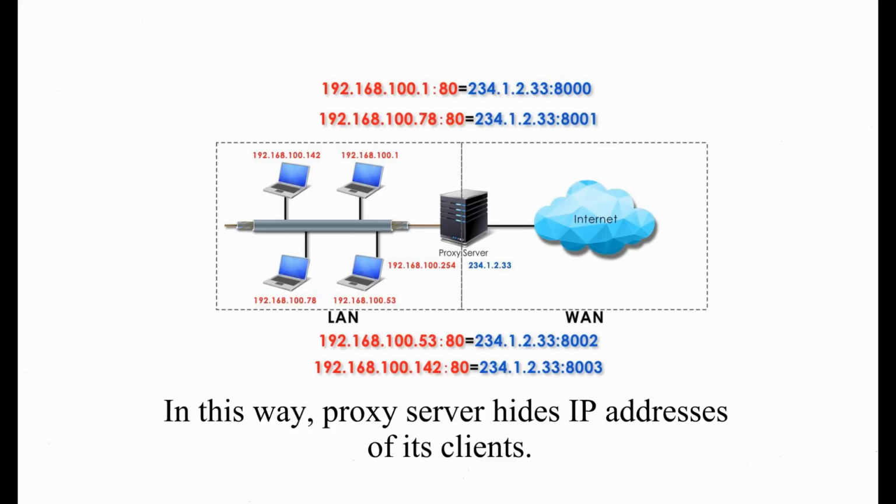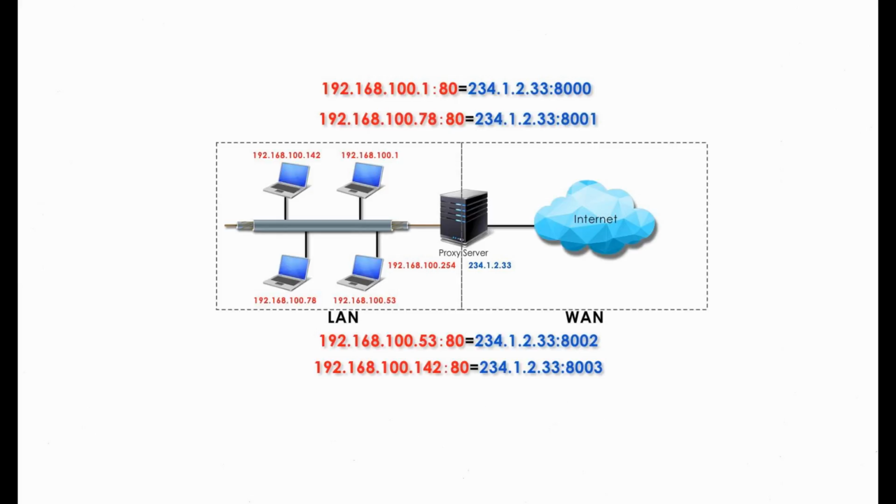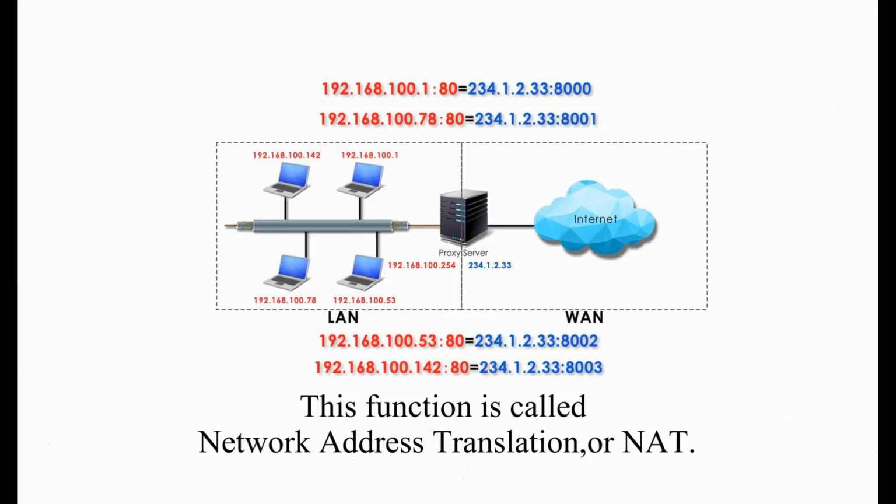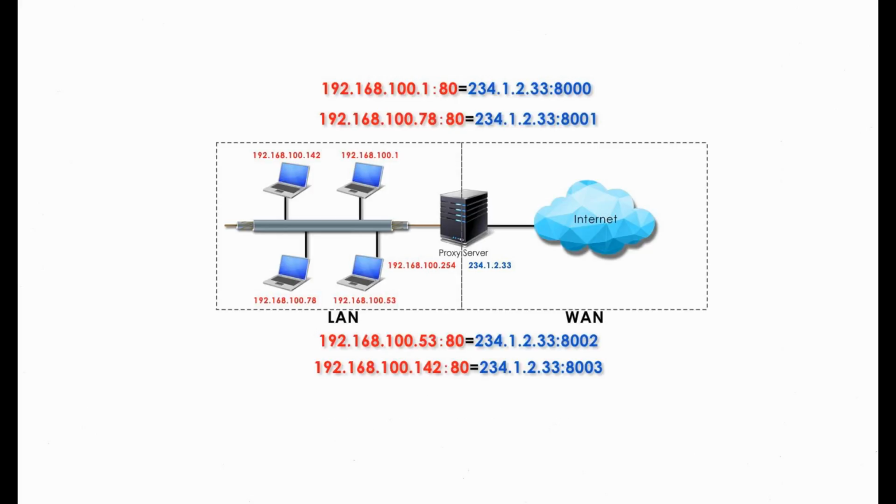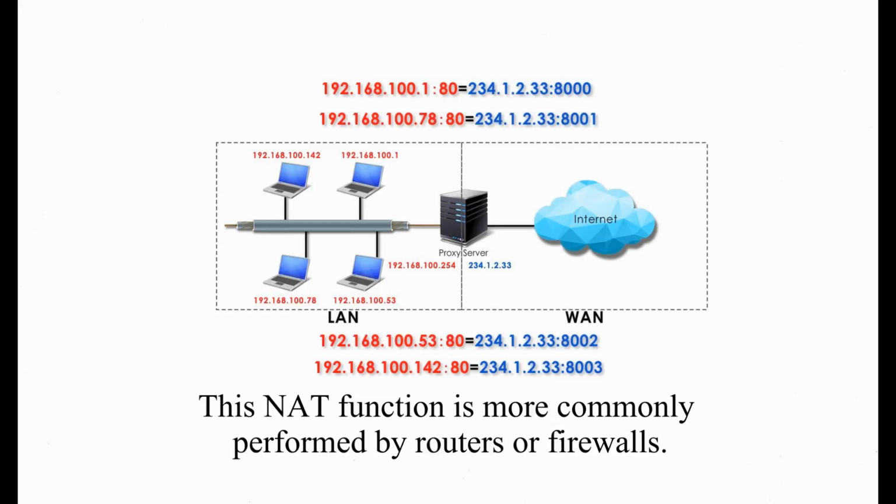In this way, the proxy server hides IP addresses of its clients. This function is called network address translation, or NAT. This NAT function is more commonly performed by routers or firewalls.